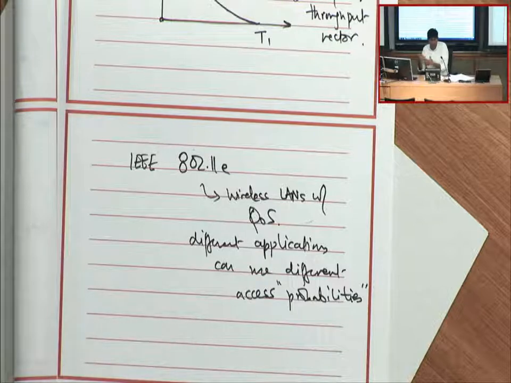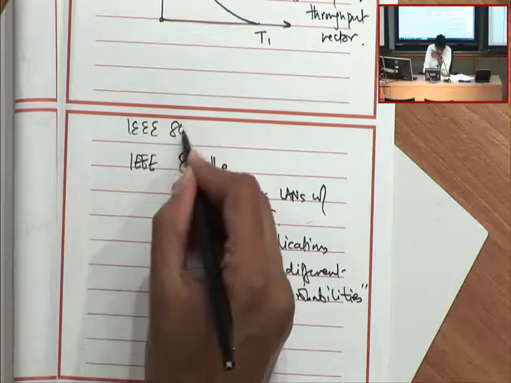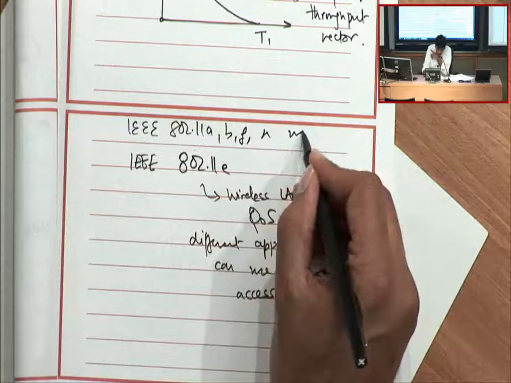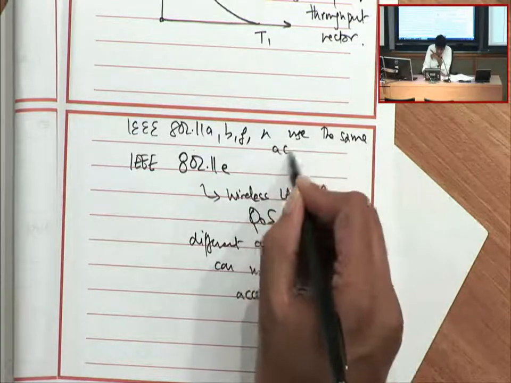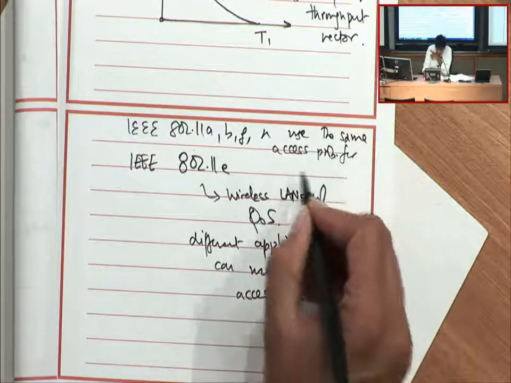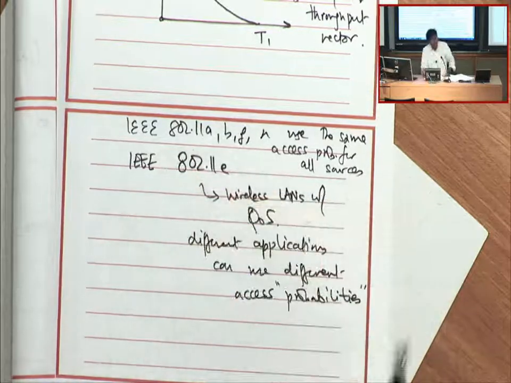But at a high level, standard variants like IEEE 802.11a, b, g, n use the same access probabilities for all sources. So these are based on PCSMA.